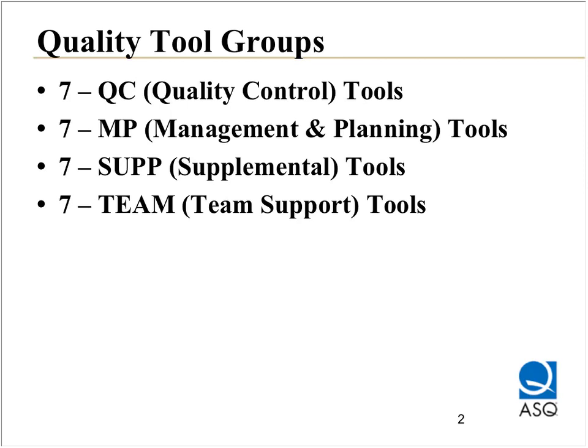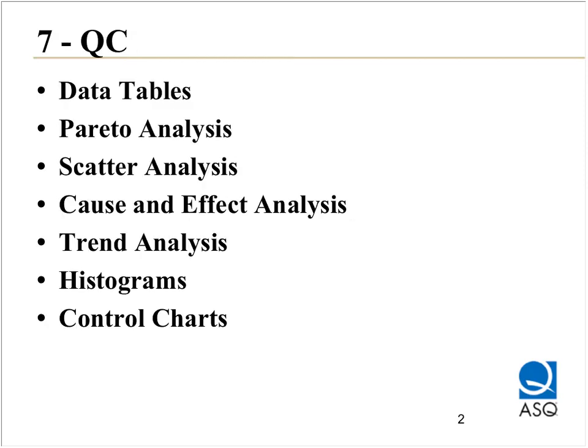But today, we start, as we always do, at the beginning, and we're going to talk about the 7 quality control tools. They are, in no particular order, data tables, Pareto analysis, scatter analysis, cause and effect analysis, trend analysis, histograms, and finally, control charts.